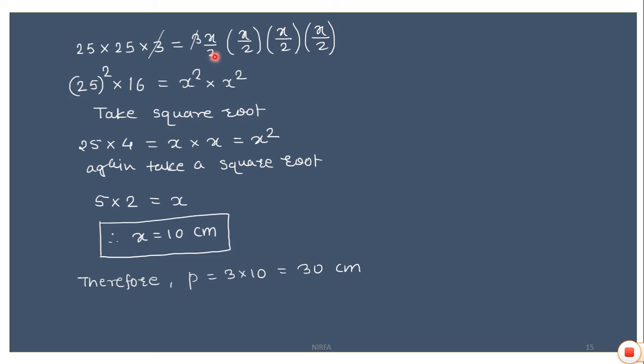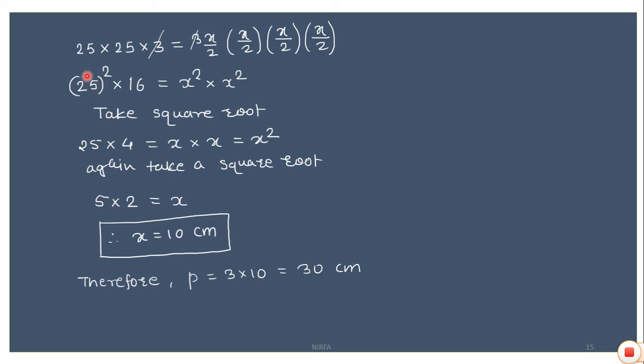Now see, in the denominator there is a multiplication of 2 four times. So it will become 16, and transfer that 16 to the left side. So I'll get 25 square into 16 is equal to x into x square, and the remaining 2 x's multiplication is again x square. Now take the square root.